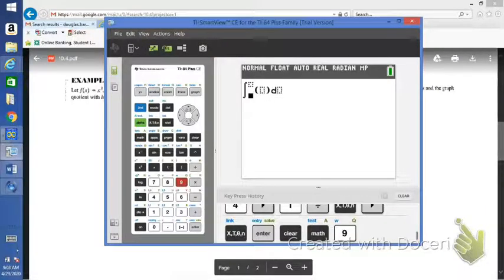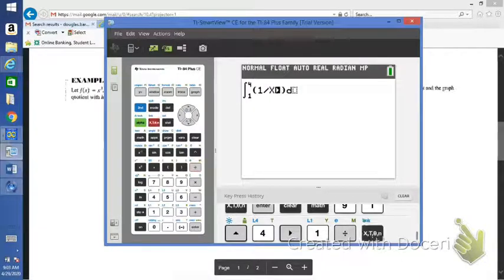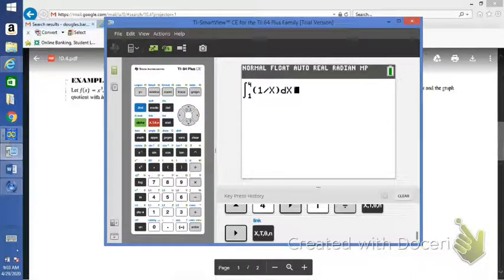Okay, lower bound is 1, upper bound is 4, and then we're going to type in 1 divided by x, which is our function, and then here you put an x, whatever the variable is, and hit enter. Alright, and so there's your answer.